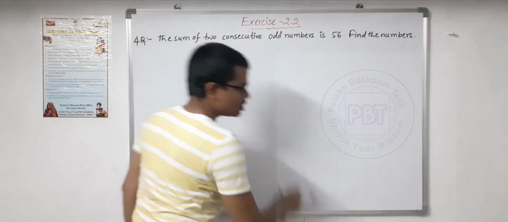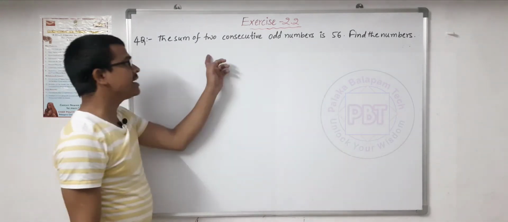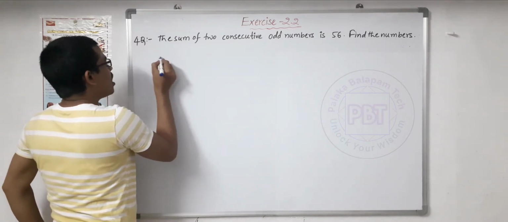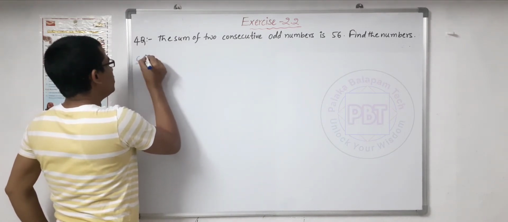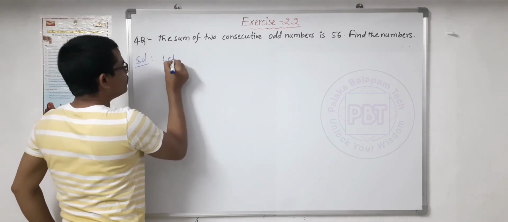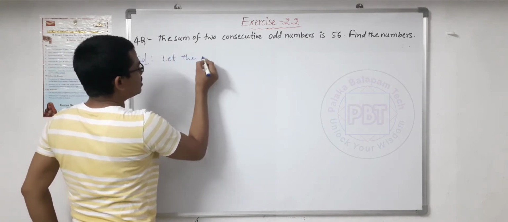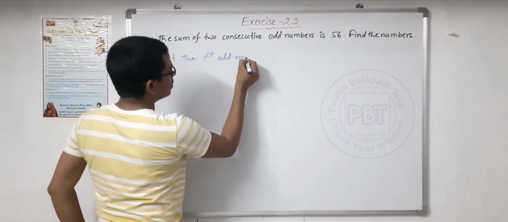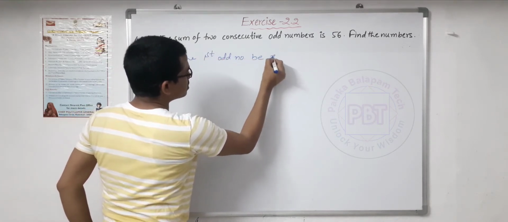So here I am assuming two consecutive odd numbers. Solution: let the first odd number be x.